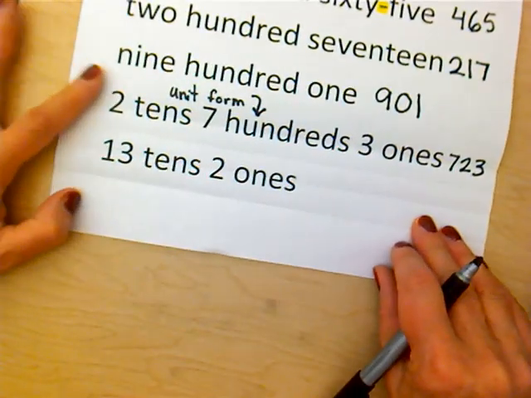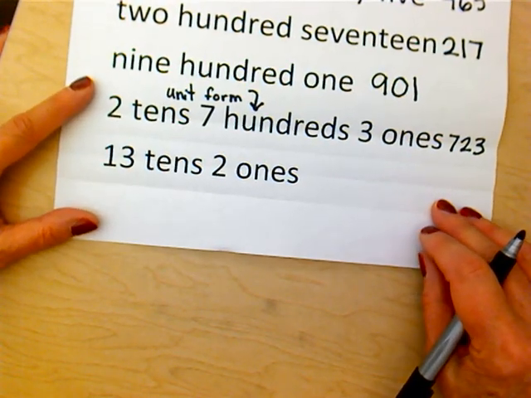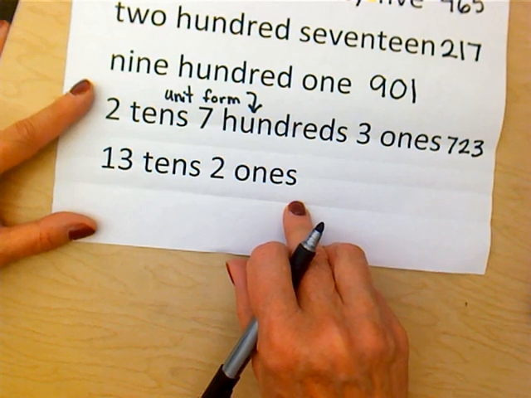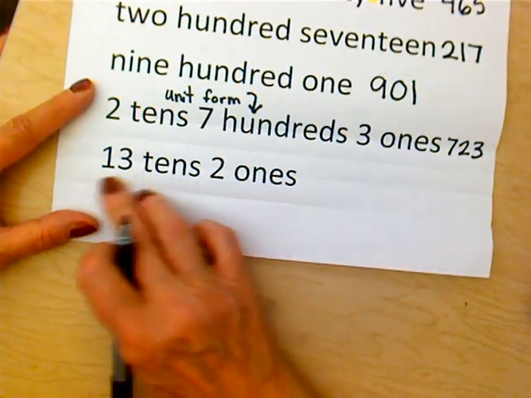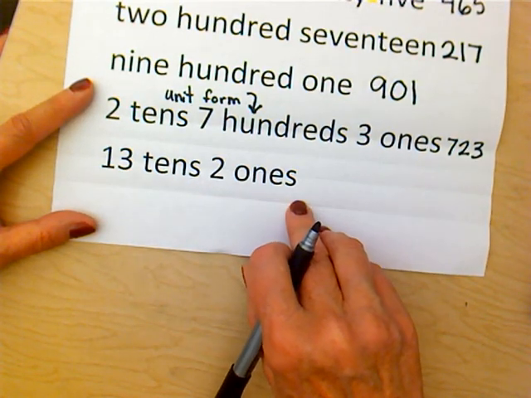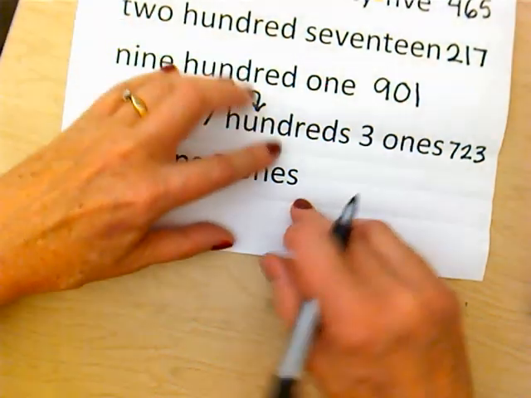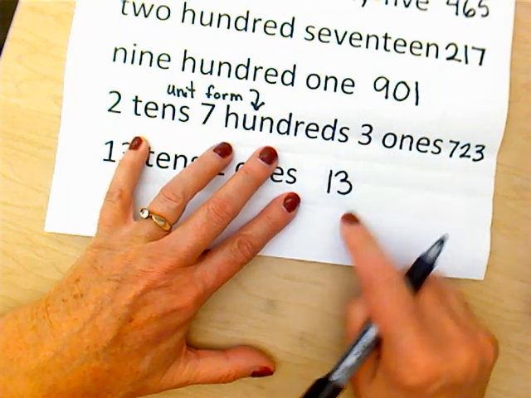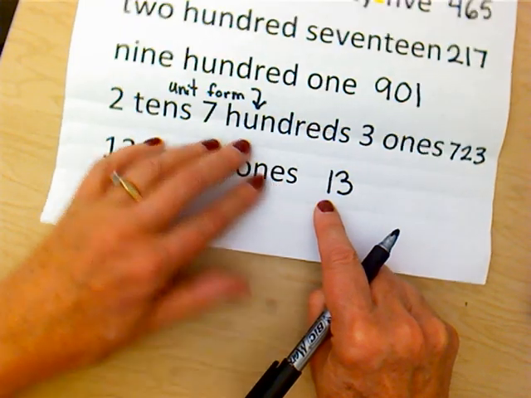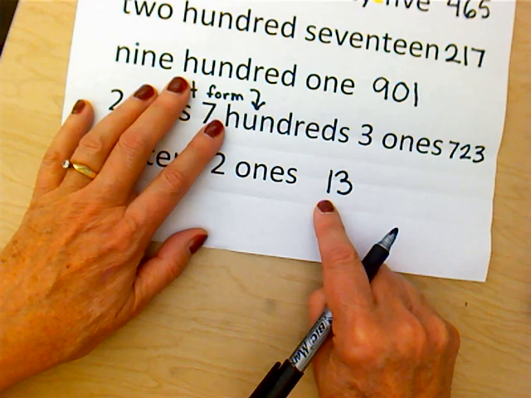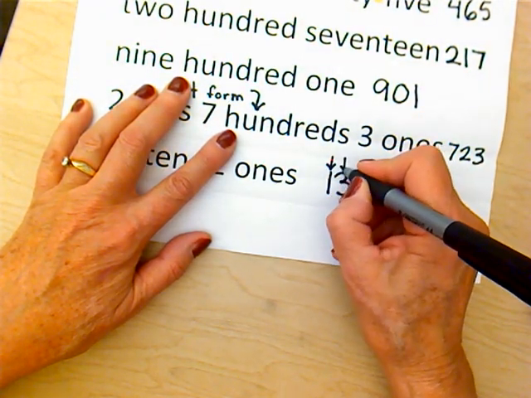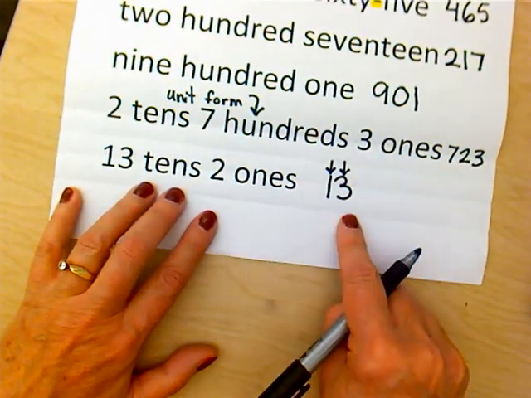And our very last one is probably for our really advanced learners. What would 13 tens and 2 ones be? We've done a little bit with this. If you said that 13 tens would be one group of one hundred in the hundreds place and a 3 in the tens place, you would be on the right track.